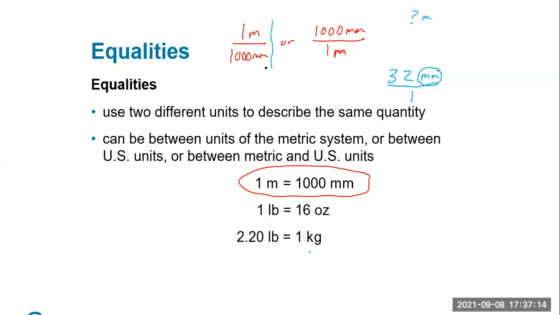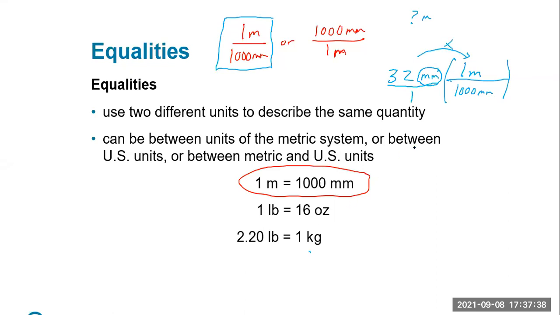So we would use the conversion factor on the left and do our dimensional analysis, where we put 1 meter up on top and 1,000 millimeters on the bottom. Math-wise, everything on top will be multiplied. So we're going to multiply 32 times 1, which will give us 32.